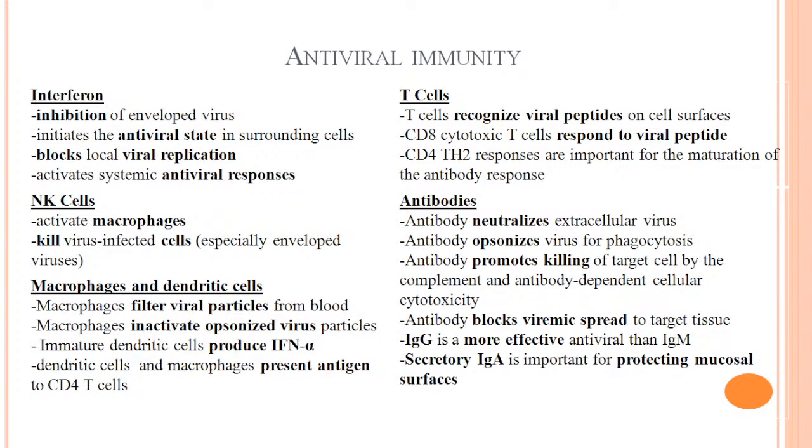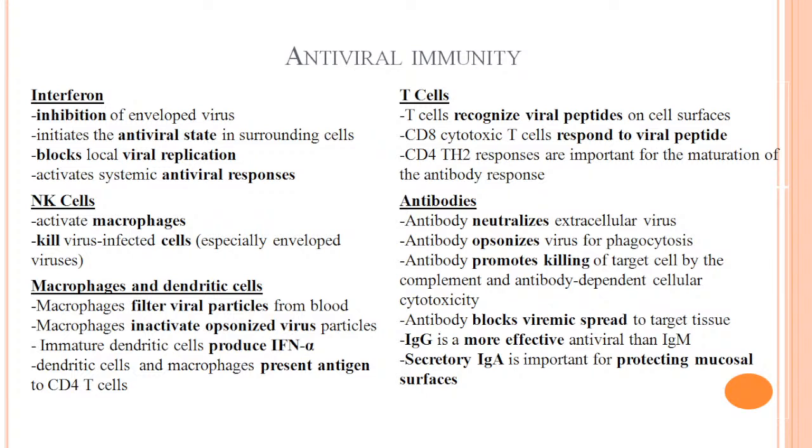The first main mechanism of antiviral protection is interferon. I hope you remember it from the second class. Interferon causes inhibition of enveloped viruses. It initiates the antiviral state in surrounding cells.